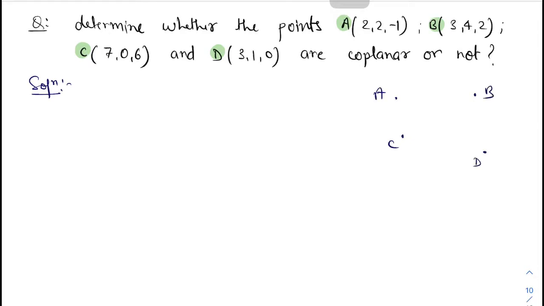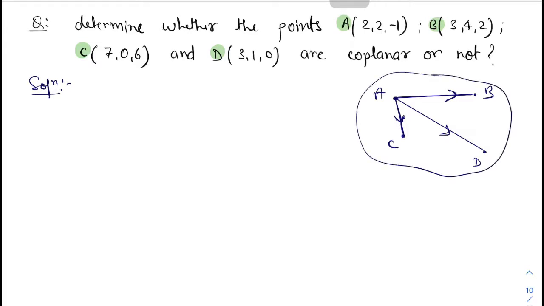Okay, so one method is we can do this by joining these 3 points C, D and B with A, by considering these 3 vectors AB vector, AD vector and AC vector. If these 3 vectors are coplanar, then you can easily visualize here.